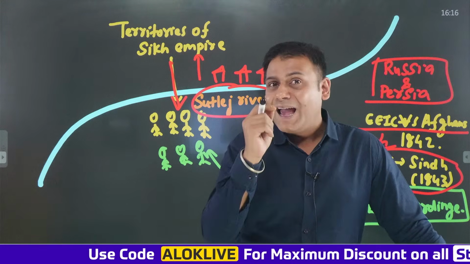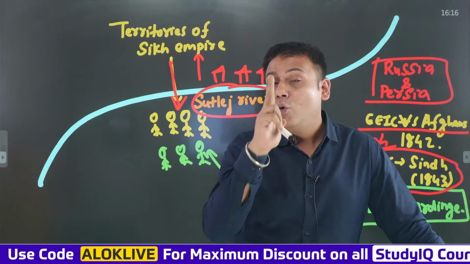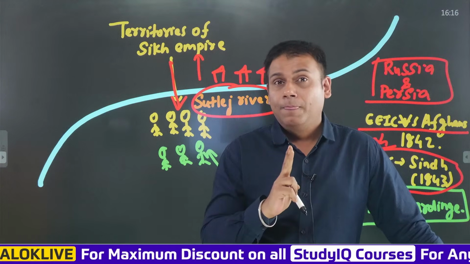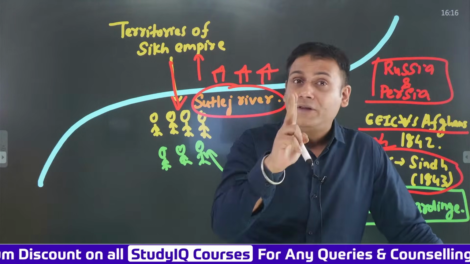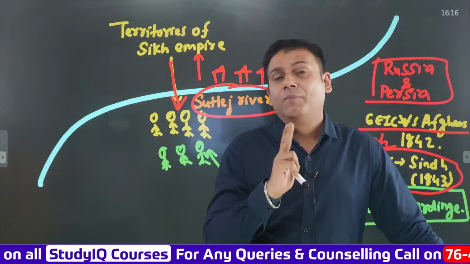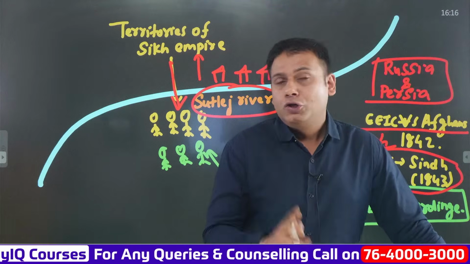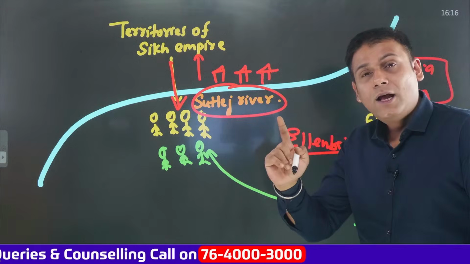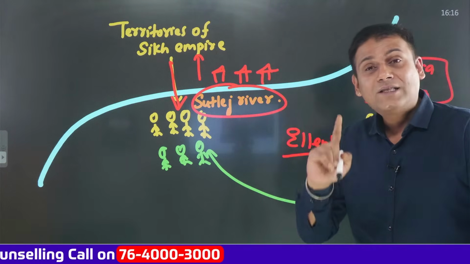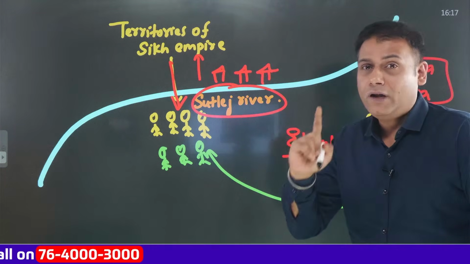The war ended with two important treaties. So please understand the Treaty of Lahore and the Treaty of Bhairovale, because both are very important from the exam perspective. The First Anglo-Sikh War initially ended with the Treaty of Lahore, which was signed in March 1846.